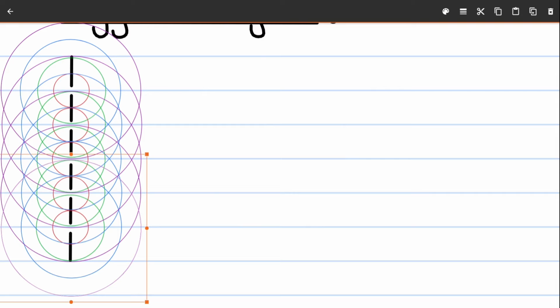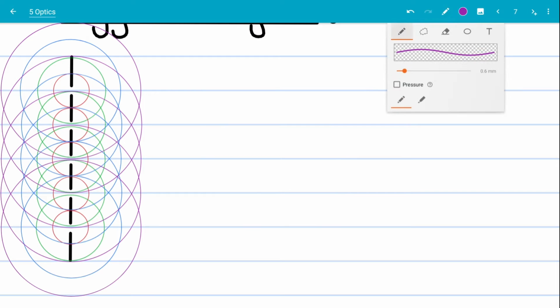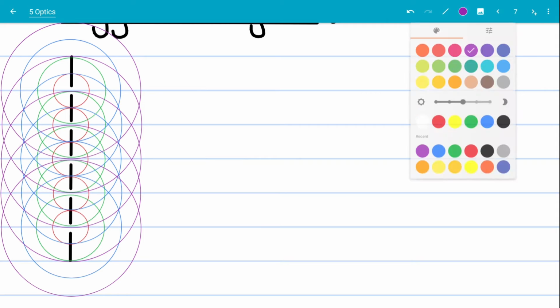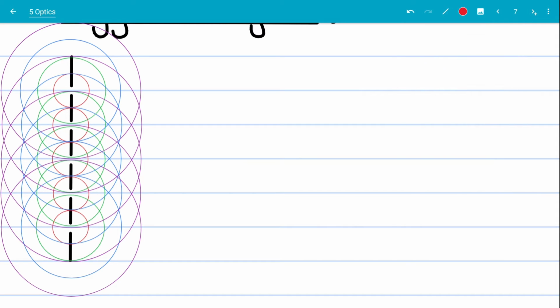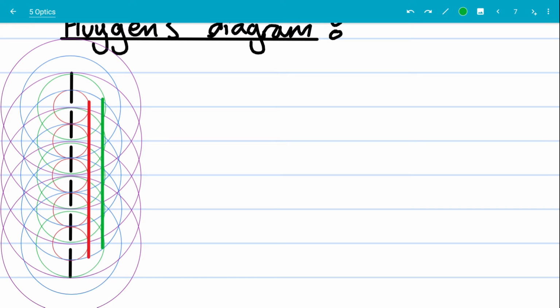Right, so you can see the various places where the wavefronts will all end up lining up. Just as we had before, let's use the straight line tool, the red ones will line up at some position, then we'll have the green ones that will line up some position later.